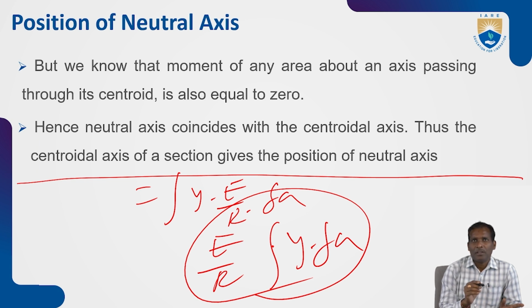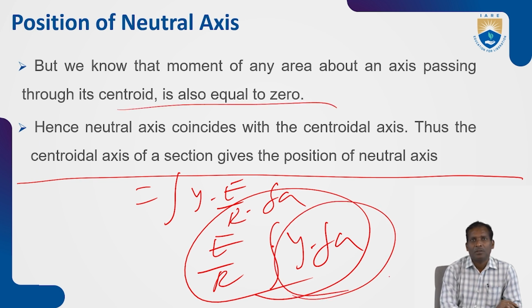We know the moment of any area about an axis passing through its centroid is equal to zero. So you may write y into delta A is equal to zero. It means the neutral axis coincides with the centroidal axis.